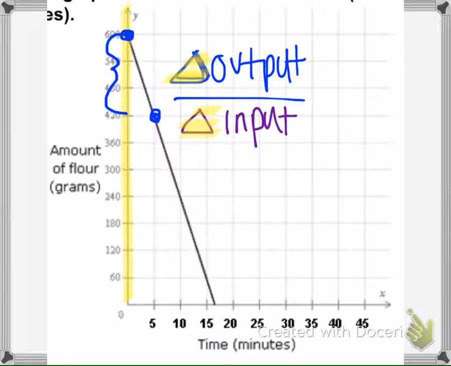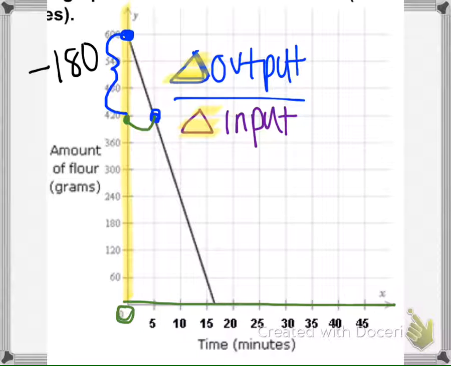So that's a change. It's going down 180 grams, and then it's changing the input, in other words the x-axis. It changes from 0 to 5. So that's a change of 5.